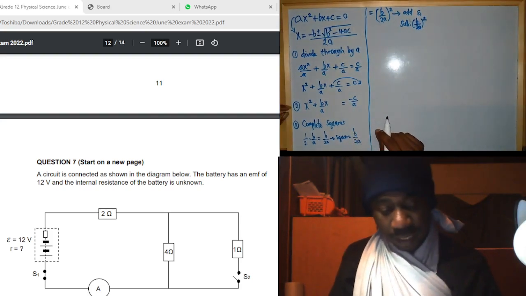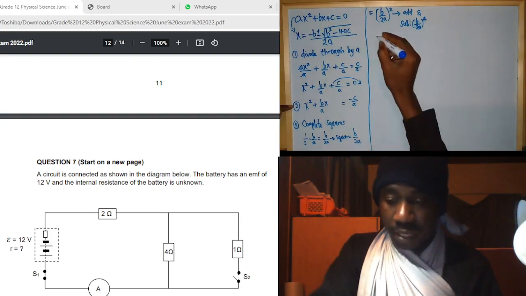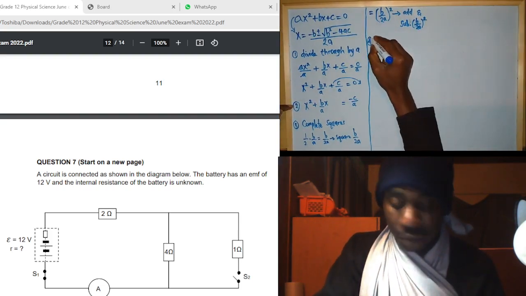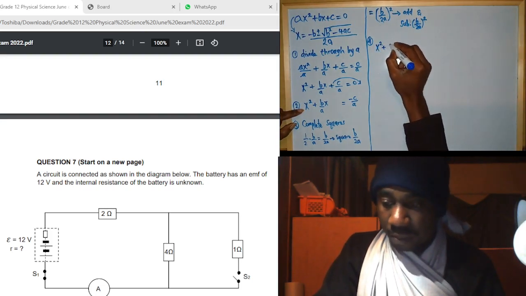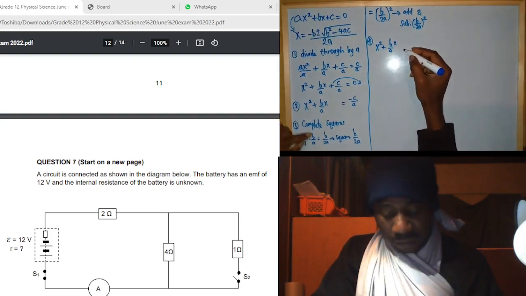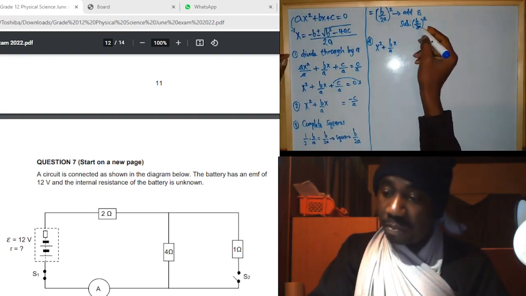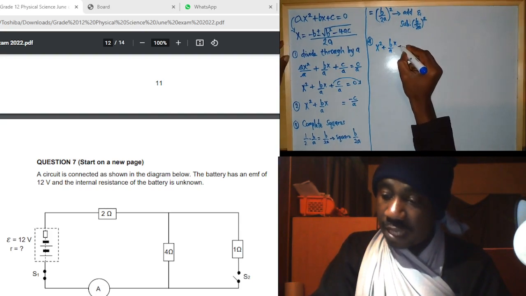Right, so that takes us to step 2 again. So the next step will be step 4. So here in step 2 we have x squared plus bx over a. Then we must add and subtract b over 2a squared. So let's add first.